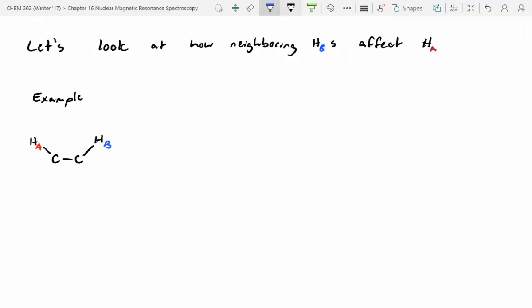And then in my other column of my chart, I've got possible HB spin states. Or actually, sorry, let me rephrase this. Let's just do HB spin states.